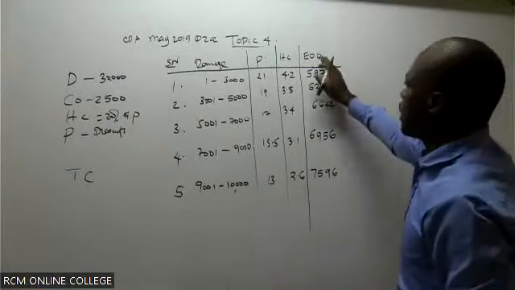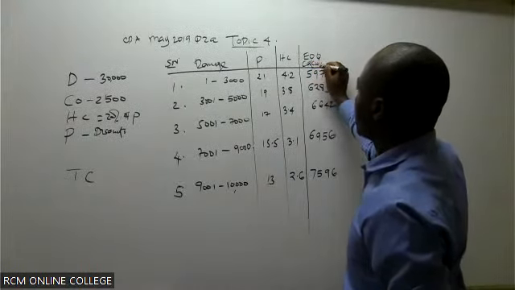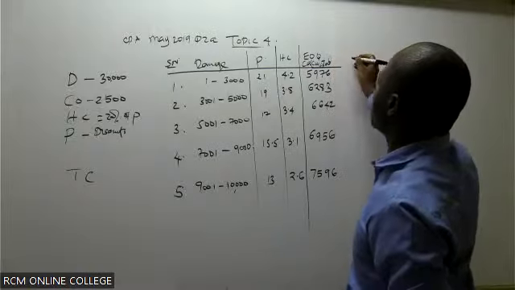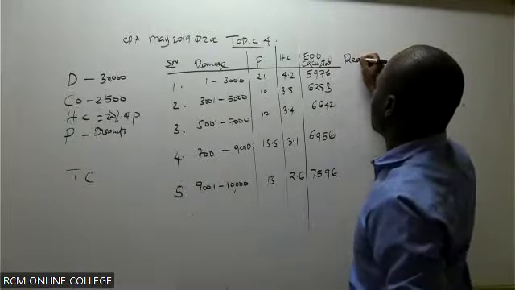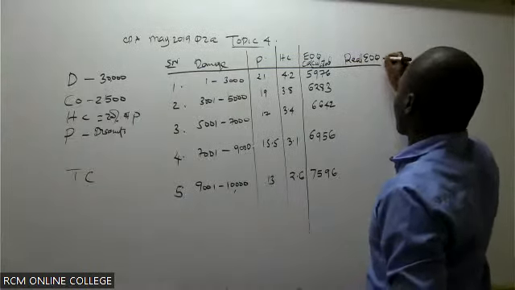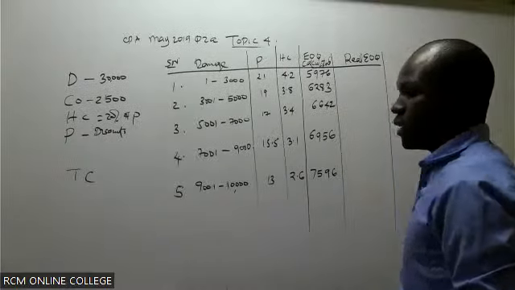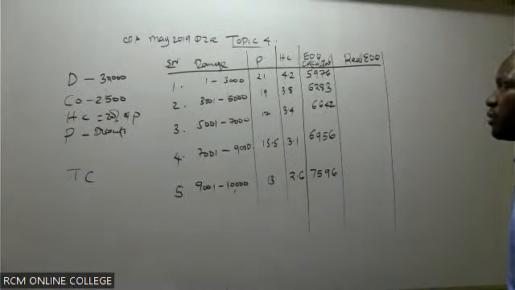Now, this is the economic order quantity calculated. So you want to look for the real economic order quantity.